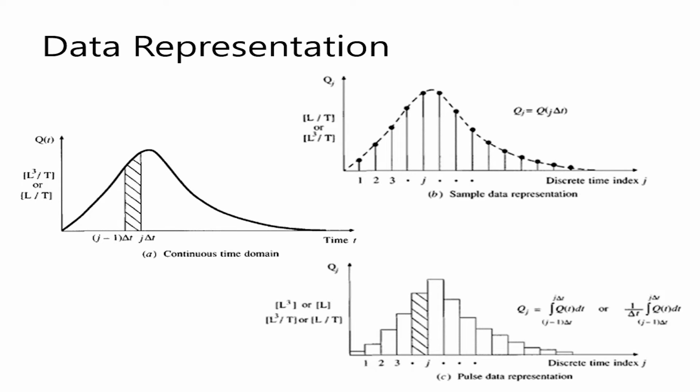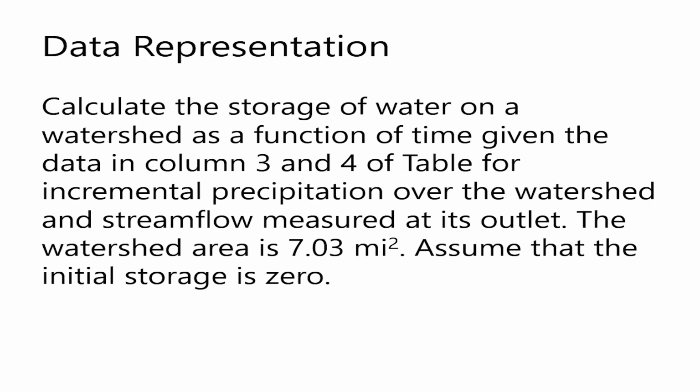So we will do one numerical model. This is the question: calculate the storage of water on a watershed as a function of time, given the data. Rainfall is given, as well as stream flow measured at the outlet.